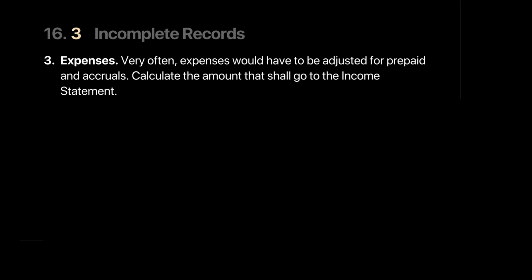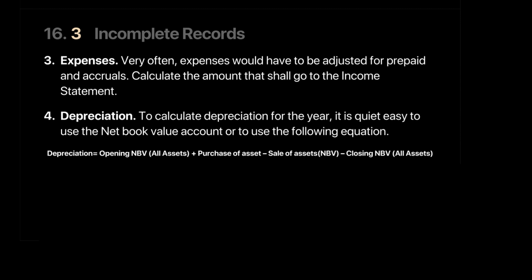Okay, now once we're done with our expenses, we should also learn how to calculate our depreciation. To calculate depreciation, we can use a simple net book value account or use this equation under the revaluation method. Very often these businesses would not have resources to employ the straight line method or the reducing balance method, but they would rather just keep track of their opening and closing net book value.